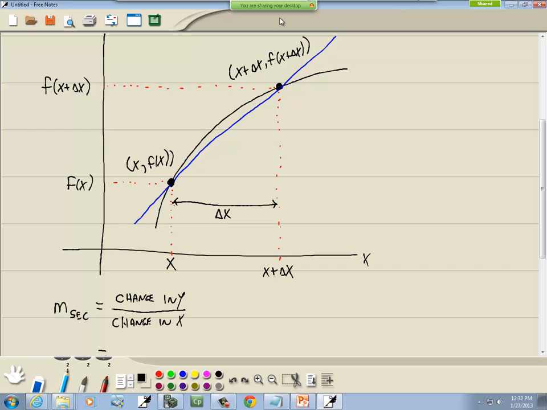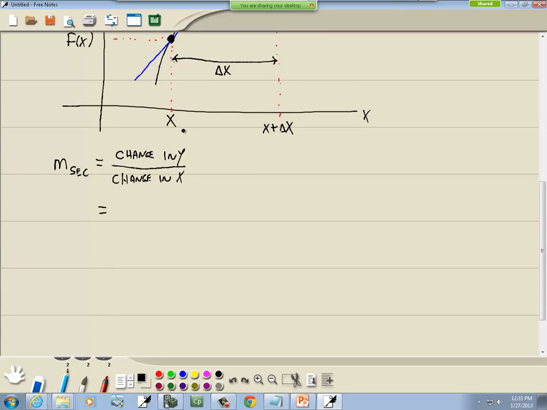So I'm going to subtract my y parts. For this point, my y part is f of x plus delta x. For this one, it's f of x. So our change in y is going to be f of x plus delta x minus f of x.